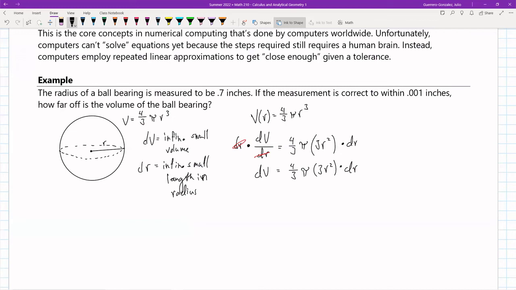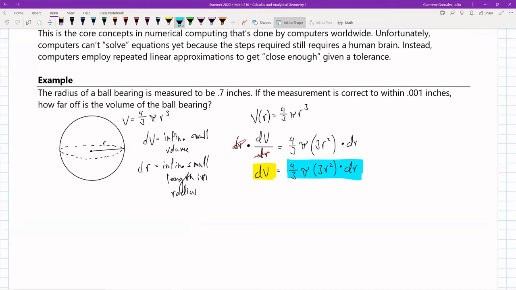But notice what we have here. Our infinitesimally small amount of volume is completely represented by some multiplier times our infinitesimally small length in radius.